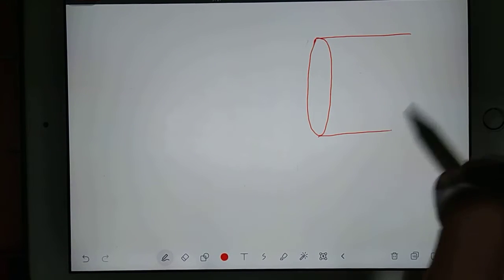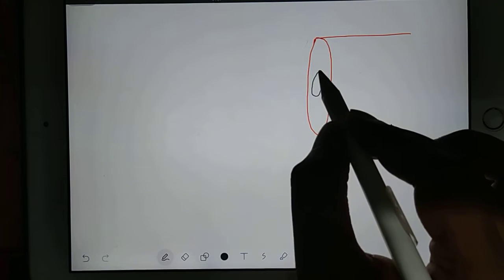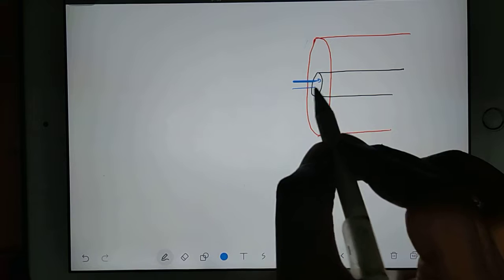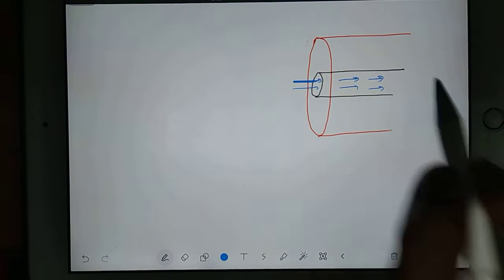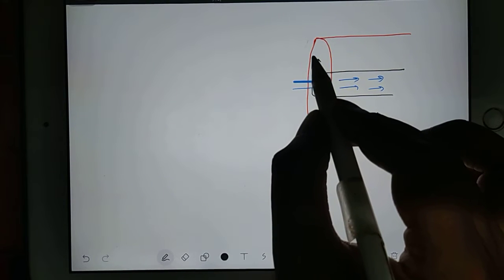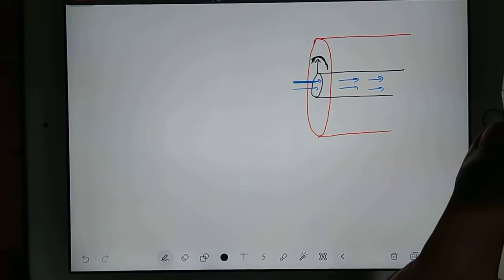Suppose this is a hollow pipe in which only the fluid is flowing. They are asking exactly at the halfway point, here, what will the temperature be?